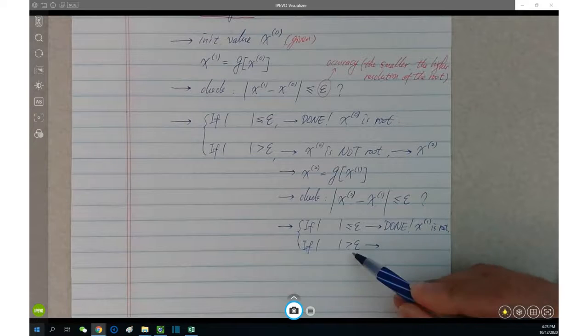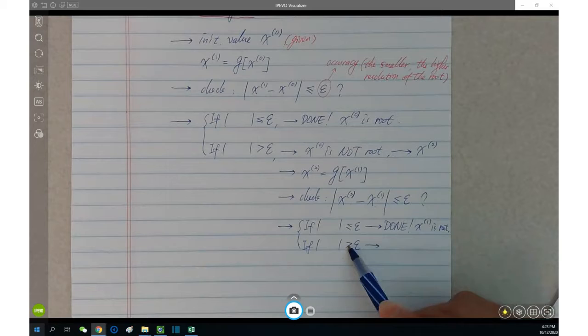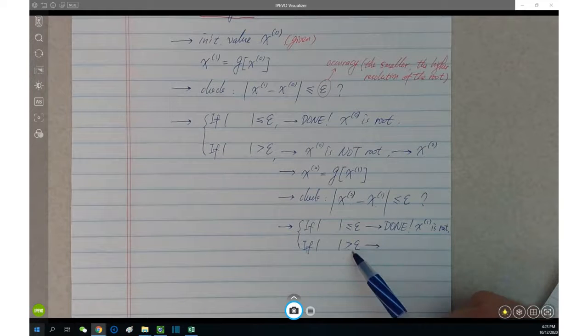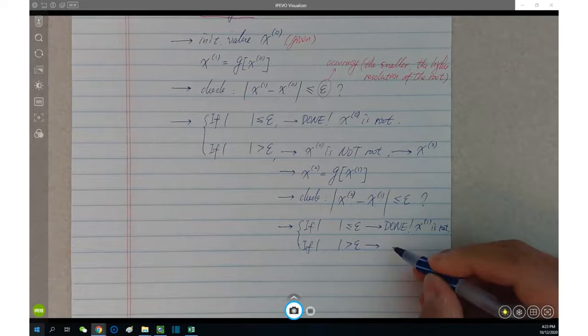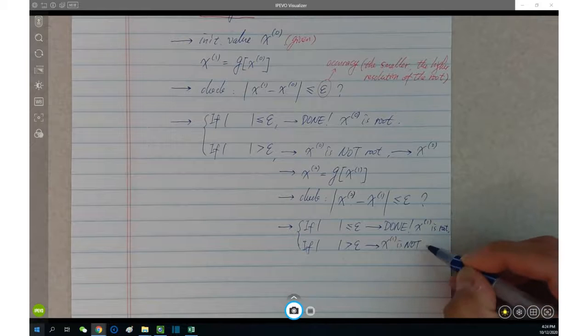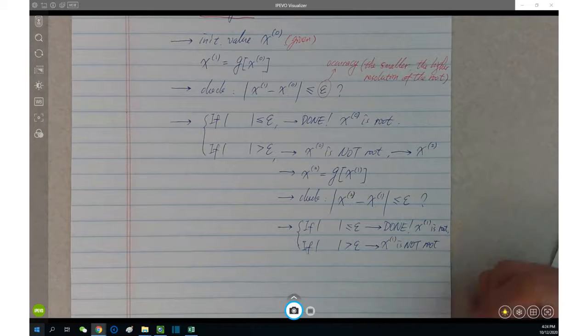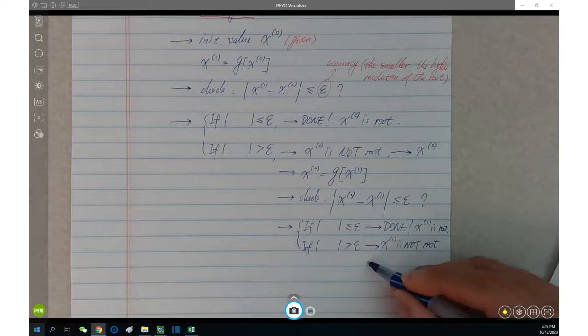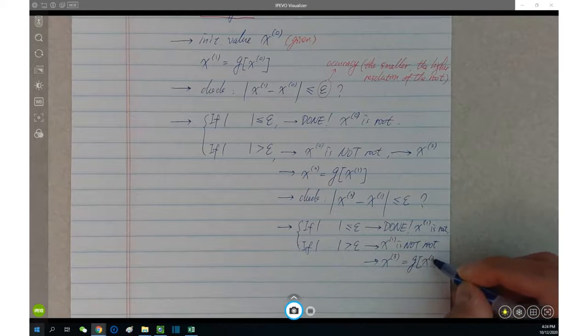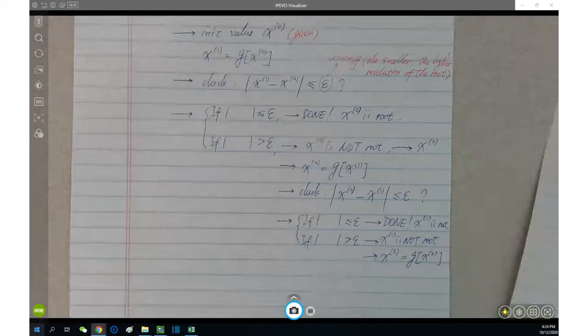So if the magnitude of the difference is still too big, it means x of 1 is not the root. We've got to go for x of 3 by conducting the next step iteration like this.